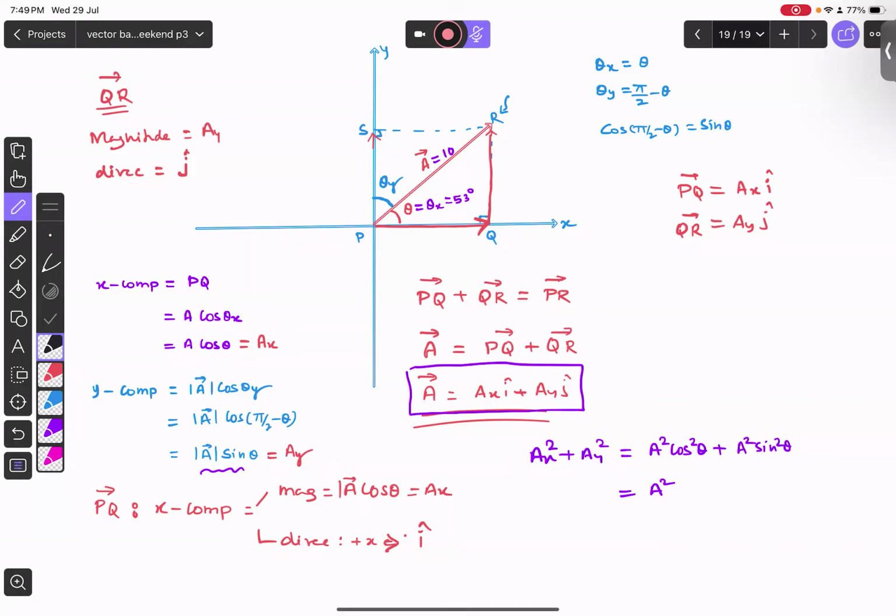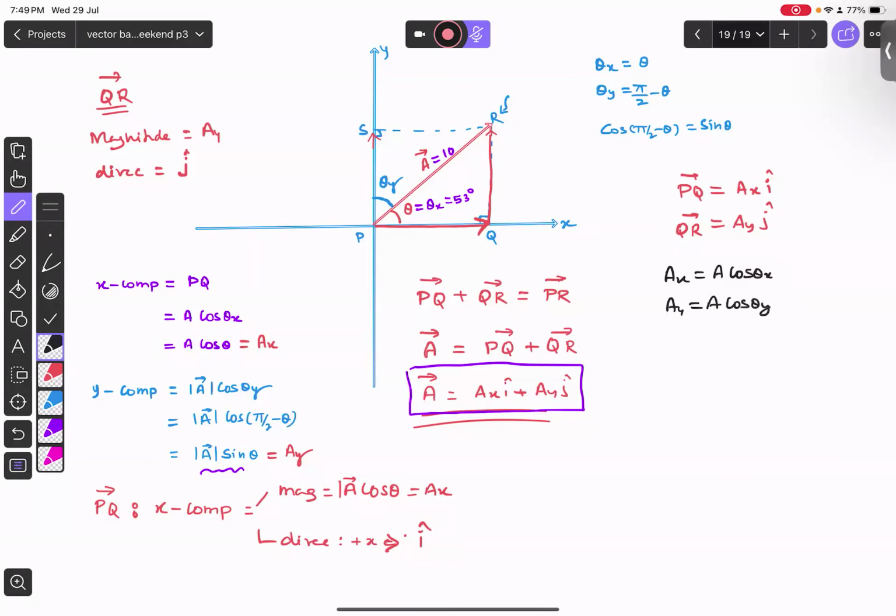Sir, how will you write AX square plus AY square? Sir, A square cos square theta, A square sin square theta, and that is what will happen. Just a moment, let me write it nicely. See, AX is A cos theta x, correct? Yes, sir. AY is A cos theta y, correct?